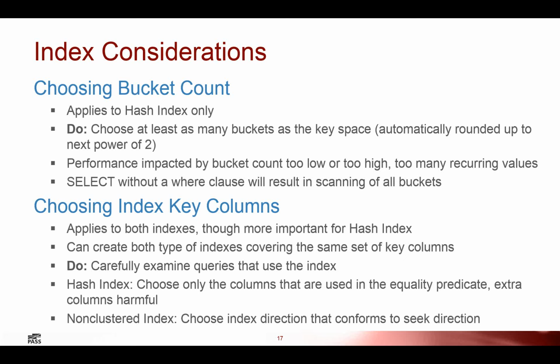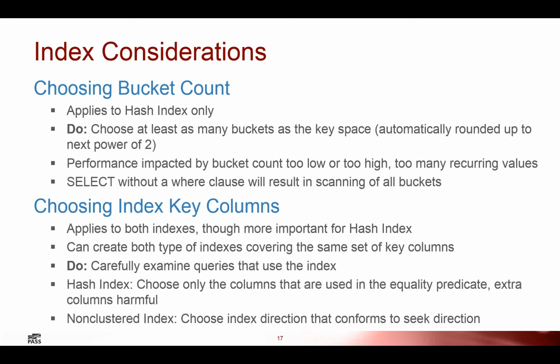With a hash index, you want to only choose the columns that are used in the equality predicate, because a hash index works best when you specify equality predicates for all of its index columns.